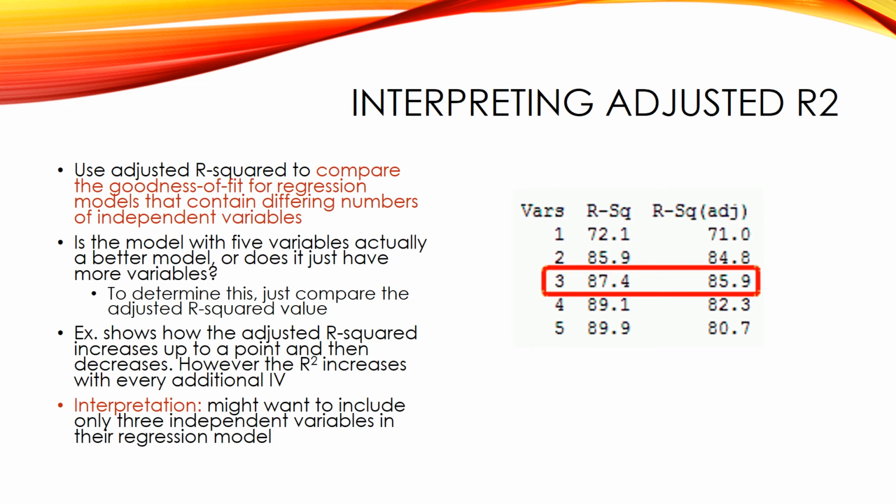What this basically says is that you may only need 3 variables to predict college GPA, so the 4th and 5th you don't need, because it doesn't really increase the accuracy of your prediction. So when you start to look at multiple regression, you'll start to really look at these adjusted R squareds to determine if you need all 5 variables to predict college GPA.